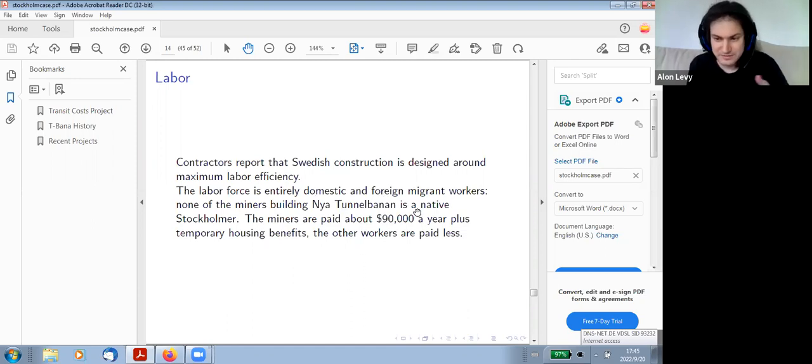You get the usual, basically free Swedish healthcare. Because this is an entirely migrant workforce, it gets housing as a benefit. So they live in temporary worker housing. The worker housing is usually not terrible.